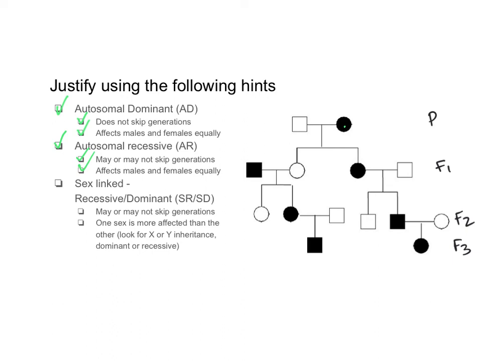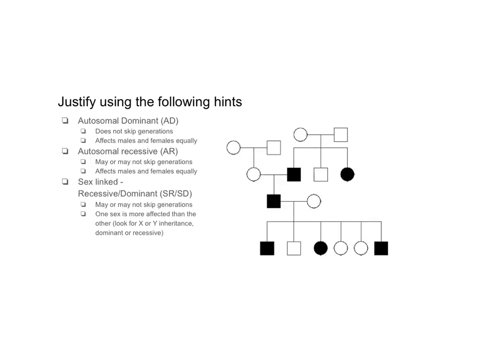But we really don't see one sex affected more than the other. So in this case, we could eliminate that sex-linked option. On this one, we don't really see one sex affected more than the other one. So it's not likely that this is something inherited on the X or the Y chromosome. So this could be autosomal dominant or autosomal recessive.